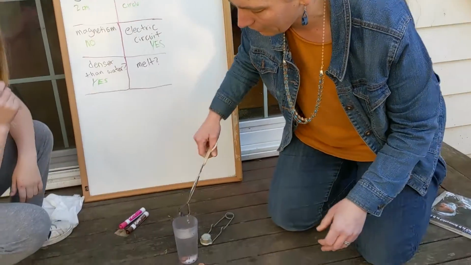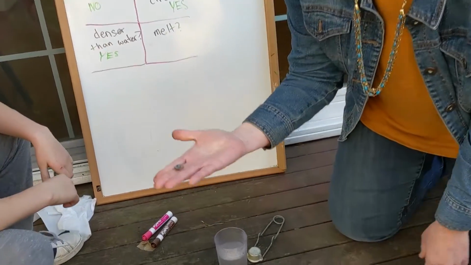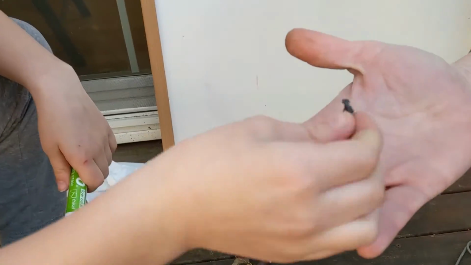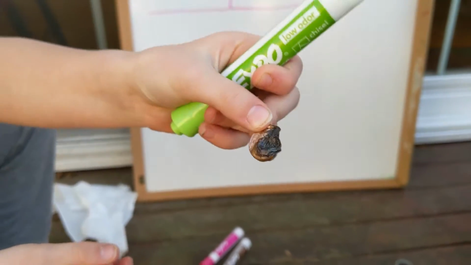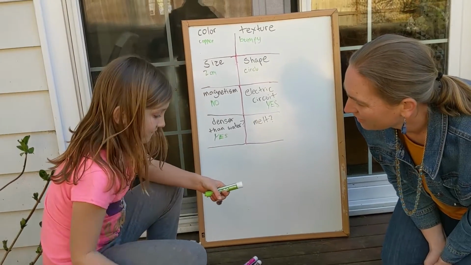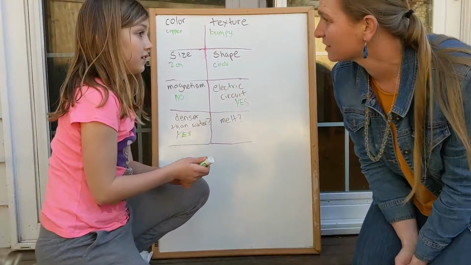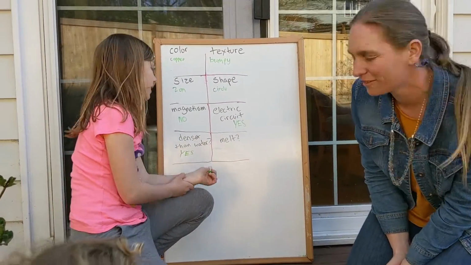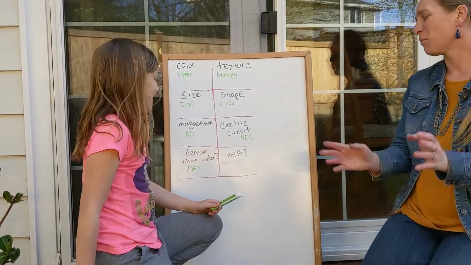So this is one way to test that pennies after 1982 have different metal, and that's one way you can tell, if they melt. So for our chart, do they melt? It depends on what year they were made, what year they were born in their factory.